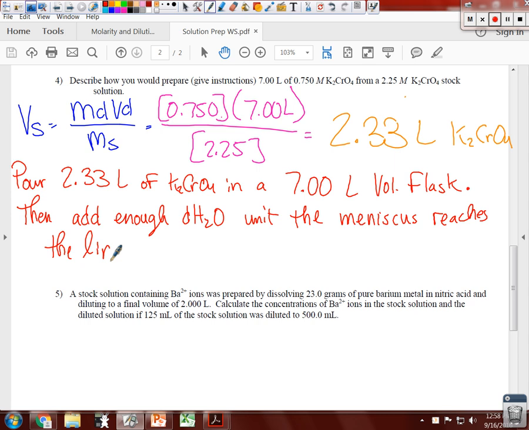Okay, this would make 7 liters of a 0.75 molar potassium chromate solution. Right, that would be your last sentence. All right, text the number.